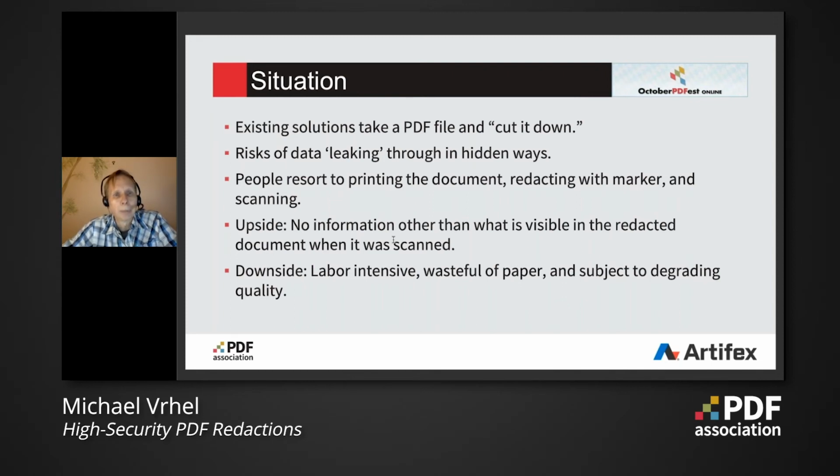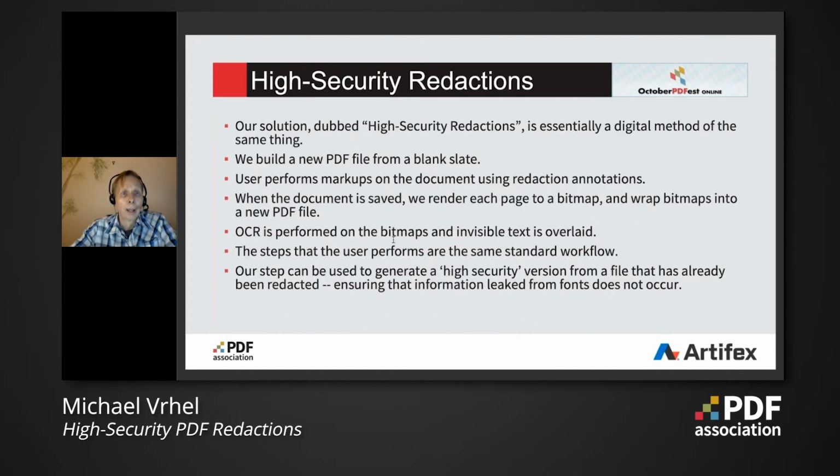To get around that, people resorted to printing the document, redacting with a marker, and then scanning. Think of the Mueller report. The upside of that is that there's no information other than what is visible in the redacted document when it was scanned. The downside is that it's labor-intensive, wasteful of paper, and subject to degrading quality.